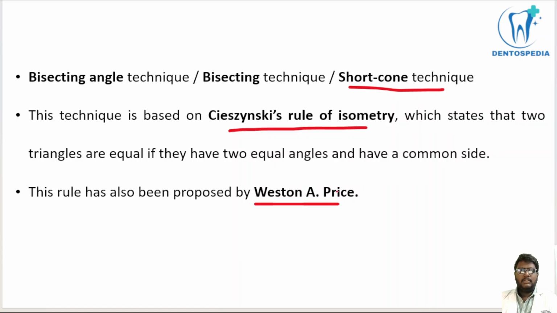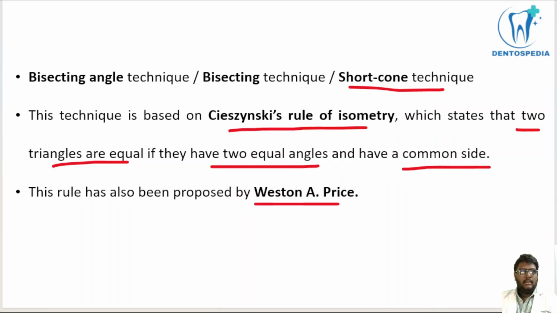What does this rule of isometry state? If you are saying two triangles are equal, they must have two equal angles and they should also have a common side. Only then can we say those two triangles follow the rule of isometry.